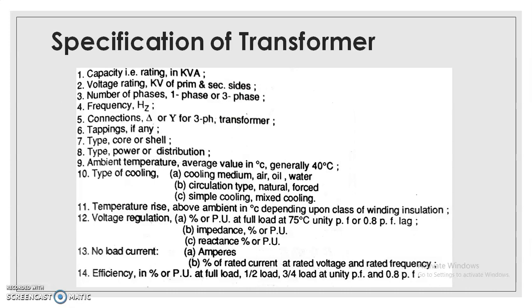Let's see the specification of transformer. Specification of transformer is nothing but the rating plate, which is always placed on the transformer. That rating plate specifies a few standard parameters of that transformer, like capacity, that is rating in kVA, voltage rating of primary and secondary in kilovolt, number of phases, it may be single phase or three phase, and the frequency, working frequency in hertz, and connection.